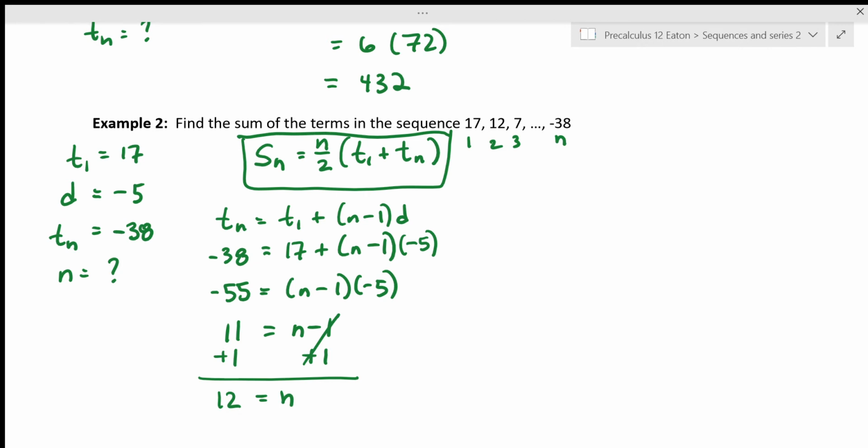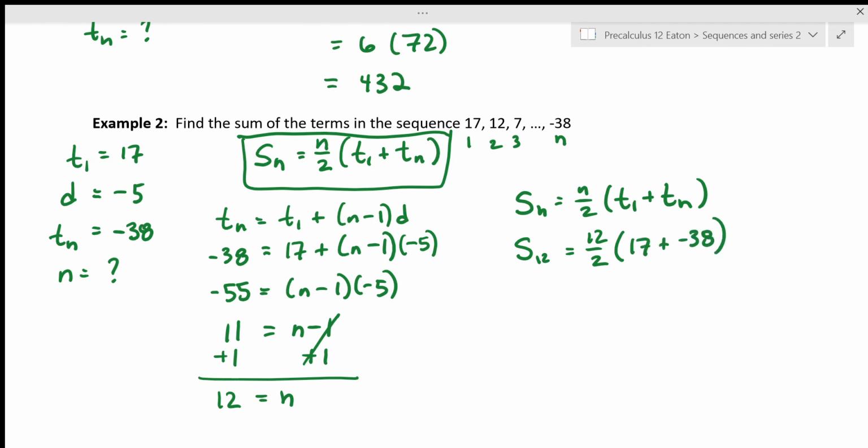So we're not done. We still have to find the sum. So we're going to go back to our S sub n is n over 2 times t1 plus t sub n. And so now we know that n is 12. So our S12 is 12 over 2 times 17 plus negative 38, which gives us 6 times negative 21, and that works out to negative 126.